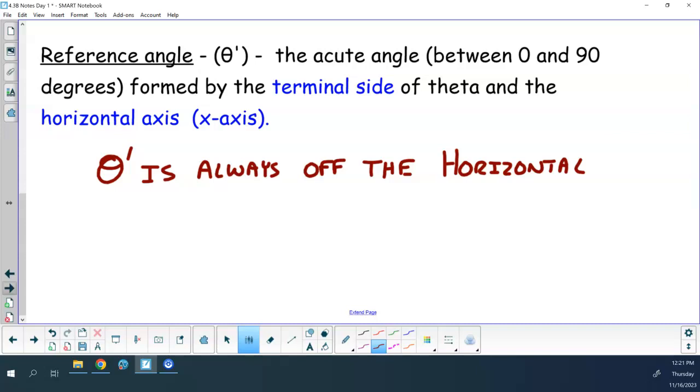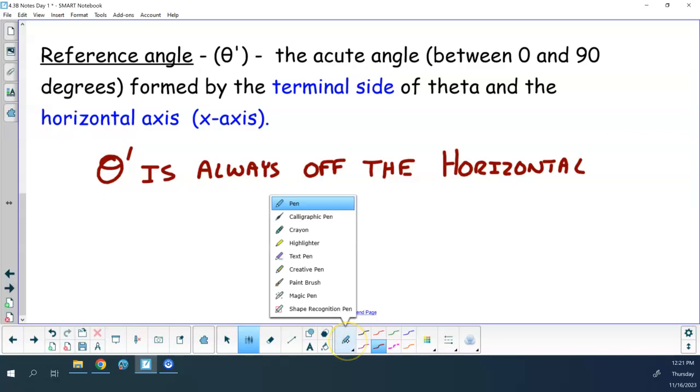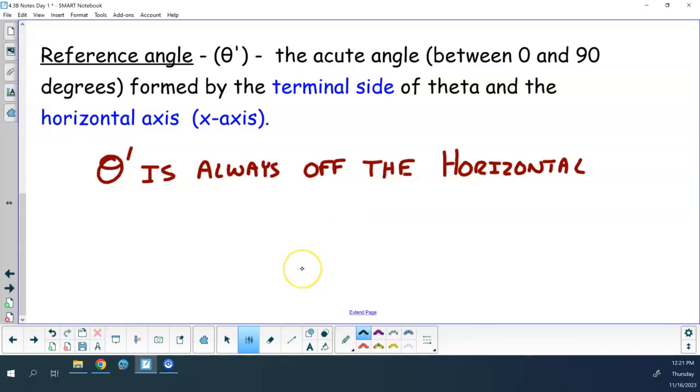Always. That's so important that I think it is worthy of 8 stars and 2 smiley faces. Pretty important.